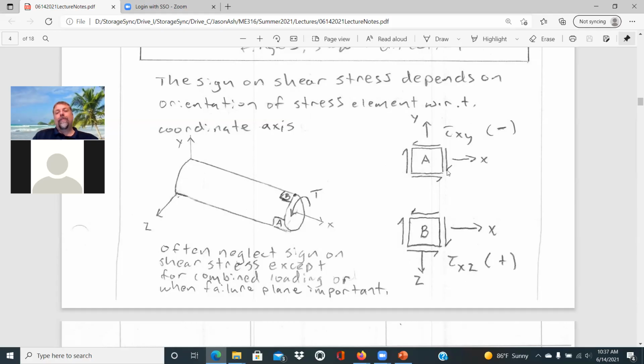That torque is going to produce a shear stress down on that right face, and our arrows would correspond. Remember, the rule with shear stress is you look on the positive x face. If that's going in the positive y direction, that would be positive shear stress. If it's going in the opposite direction, it'd be a negative shear stress. So this positive torque is resulting in a negative tau xy. The tau xy is because we're on that xy plane.